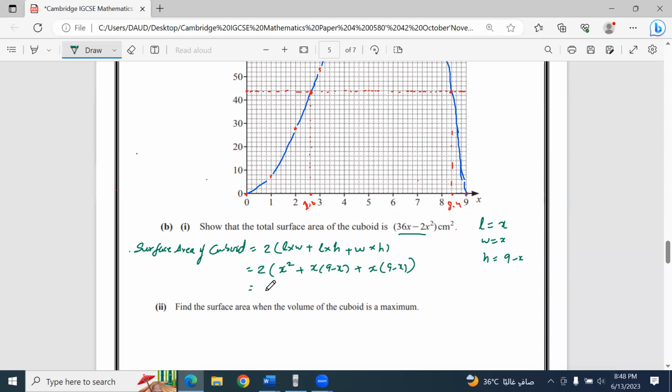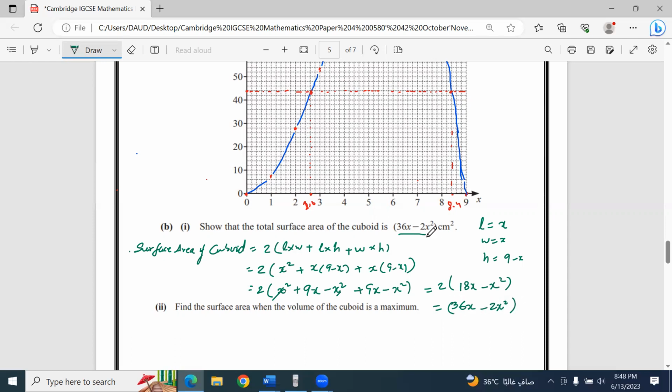So we will try to simplify more. 2 bracket open x squared plus 9x minus x squared plus 9x minus x squared. If you simplify more, plus x squared and minus x squared cancel, and 9 plus 9 gives us 18x minus x squared, multiply 2 inside, so it would be 36x minus 2x squared.